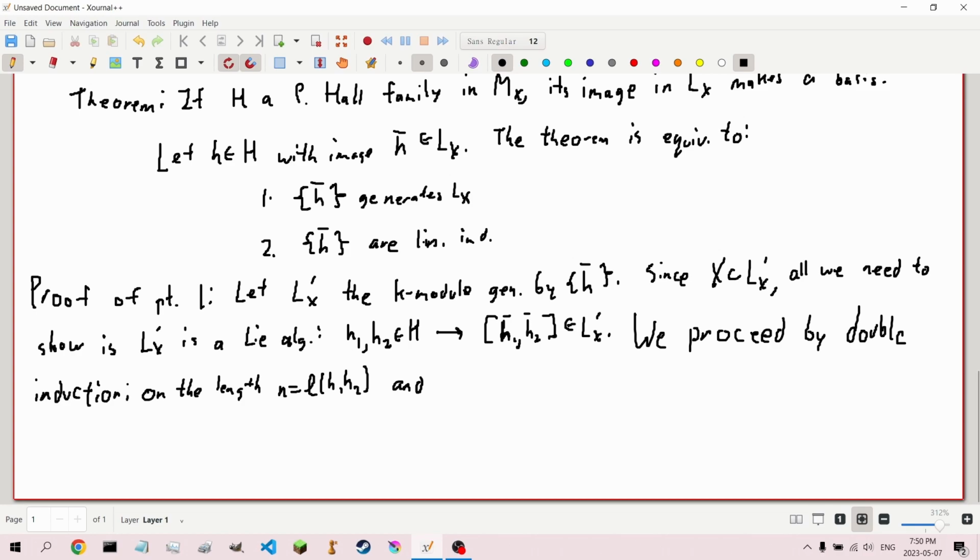And for a given n, on the infimum of h1 and h2, because keep in mind that H is a totally ordered set.